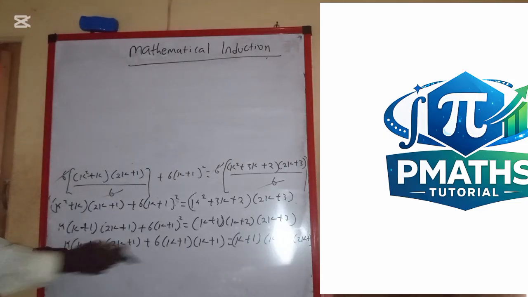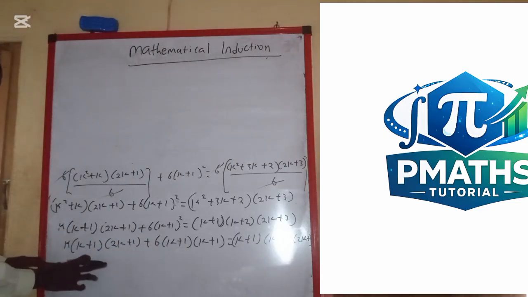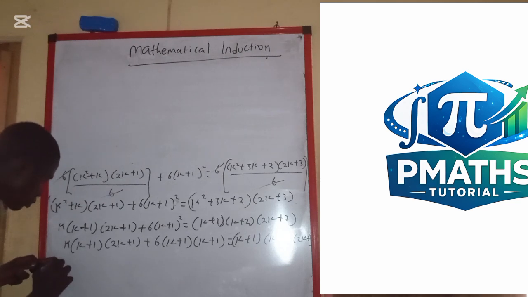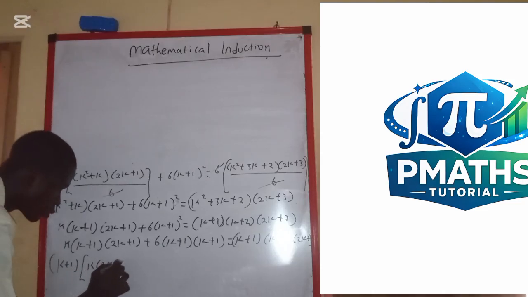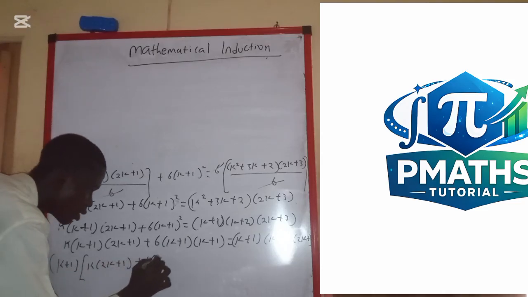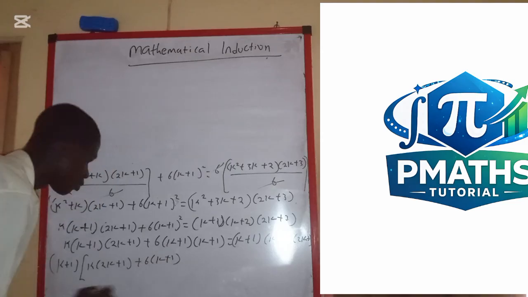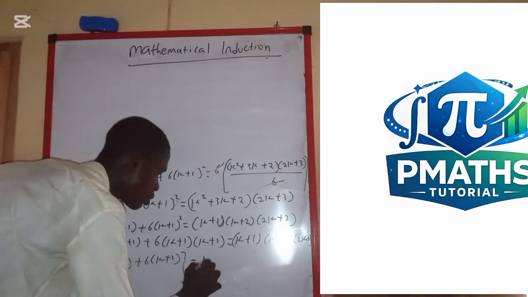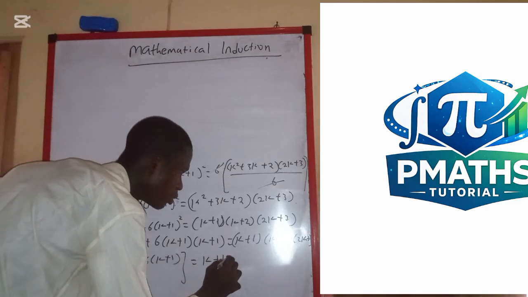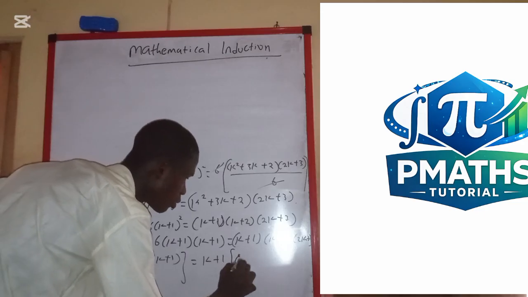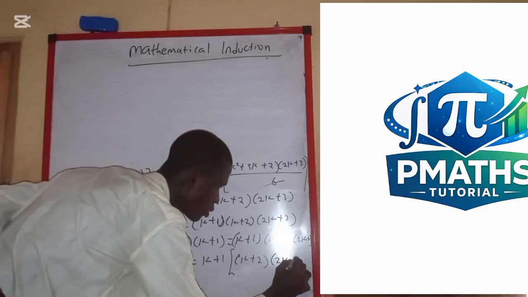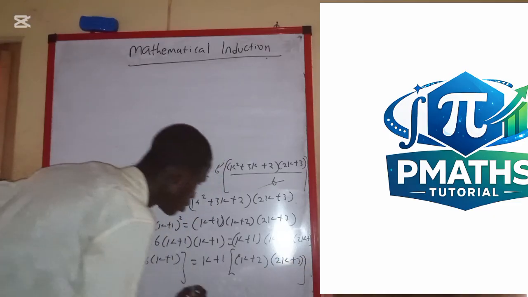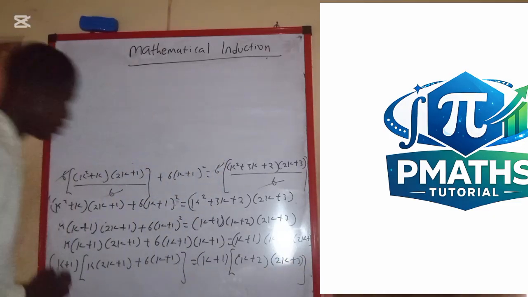So this and this are common. If this is common, that's (k plus 1) times (k(2k plus 1) plus 6(k plus 1)) equals (k plus 1)(k plus 2)(2k plus 3).